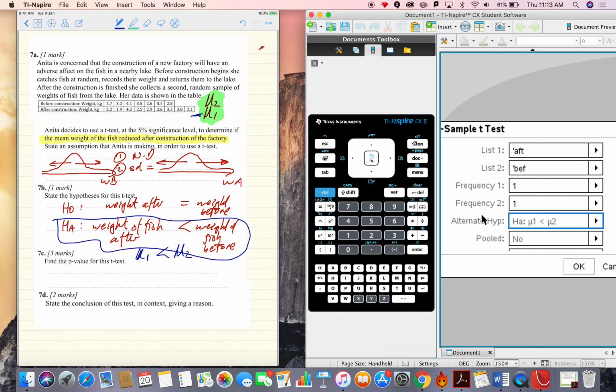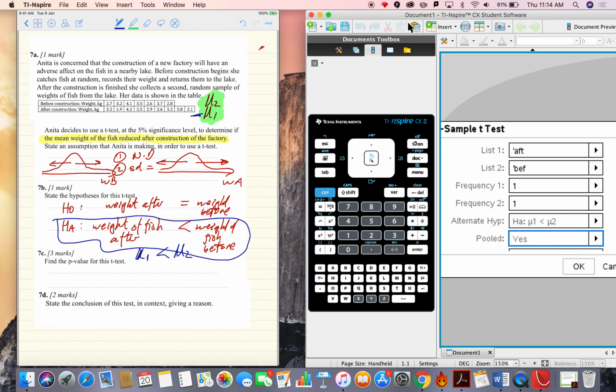And here's the final key thing. This pooled option talks about the calculator needing to estimate the population standard deviation and variance. And how does it do it? It puts all the fish together into one group, before and after, and it uses all of the fish to make a prediction for the population standard deviation. So can you see it pools all the fish together? So pooled is yes. Pooled for us is always yes.